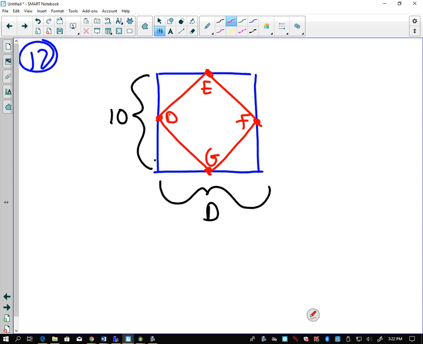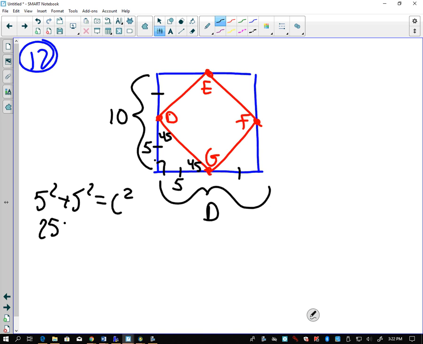Well, these parts here are congruent segments. These parts here are congruent segments, which gives me a 45-45-90 triangle, where this is 5 and this is 5. So using the Pythagorean theorem, 5 squared plus 5 squared equals c squared. I'm getting 25 plus 25 equals c squared.